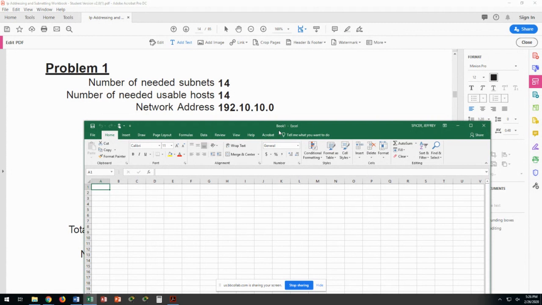So how many bits do we need to borrow so that we can have at least 14 subnets? 16, right? So you have to borrow up to 16. How many bits though? 4 bits. 4 bits, right? 4 bits will get us 16 networks, right? So we're going to borrow 4 bits.